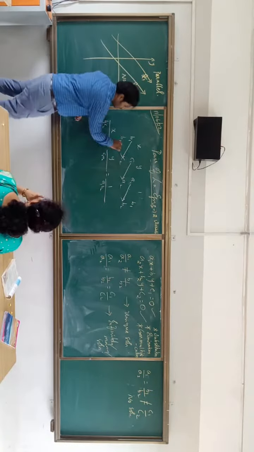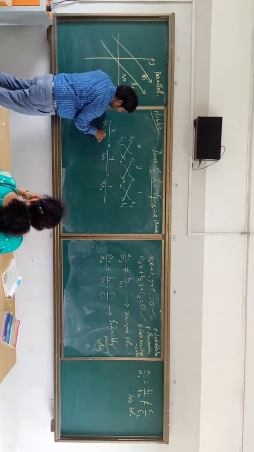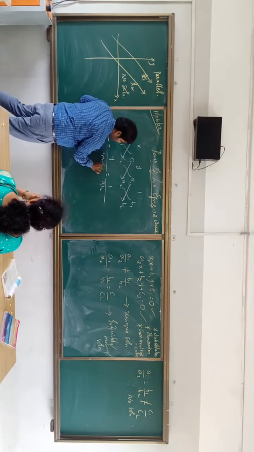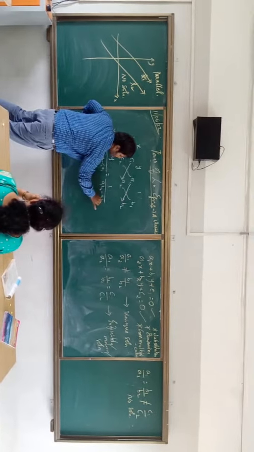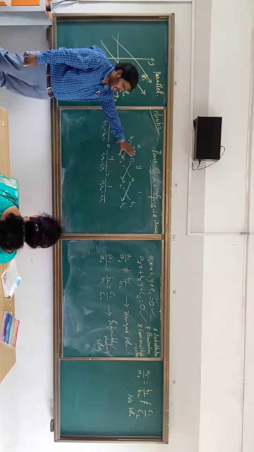The next step is b2 c1, just subtract it: minus c2 a1, then a2 b2. Is there any doubt? First you write the coefficients.